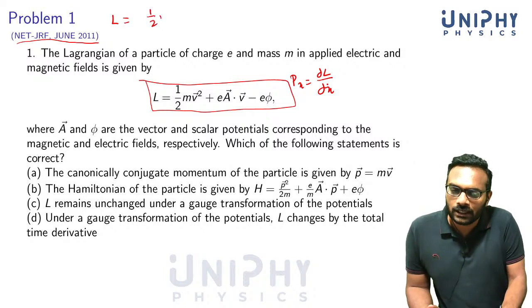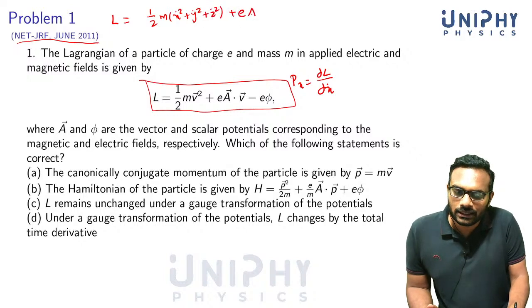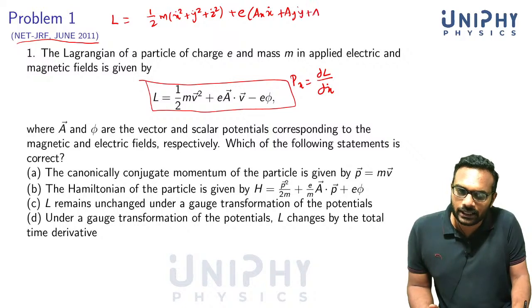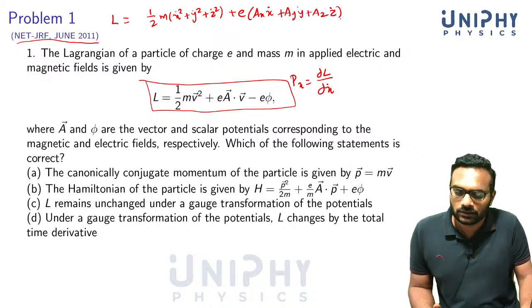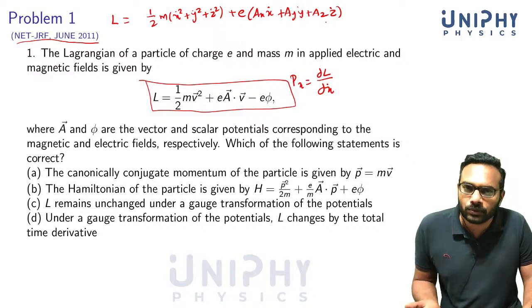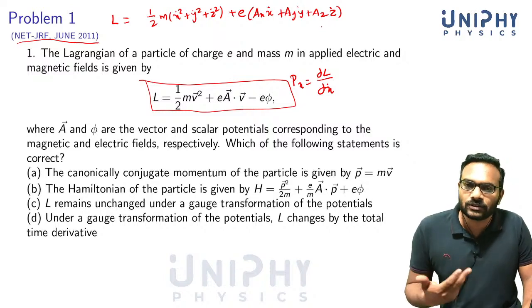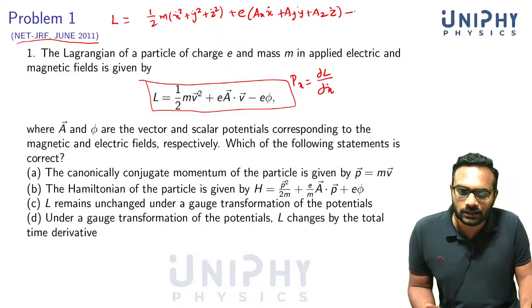It's half m (x dot square plus y dot square plus z dot square) plus E A dot v. So, A dot v will be Ax x dot plus Ay y dot plus Az z dot, where x dot, y dot, z dot are the components of the velocities along the x, y and z axes respectively.